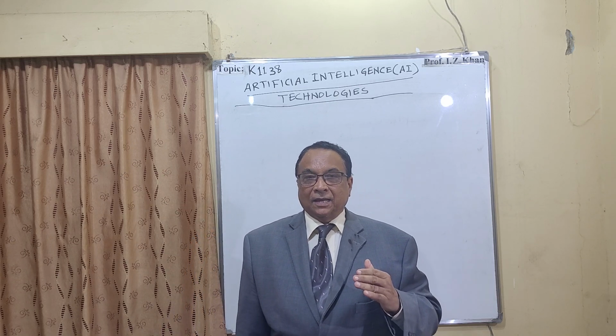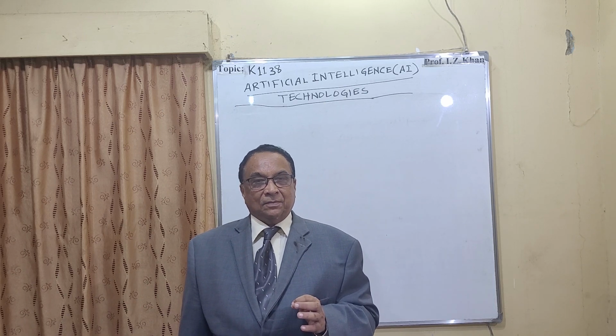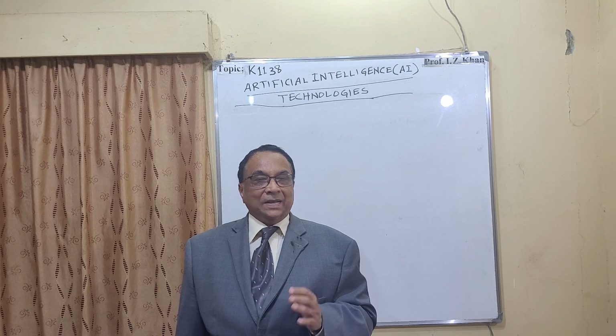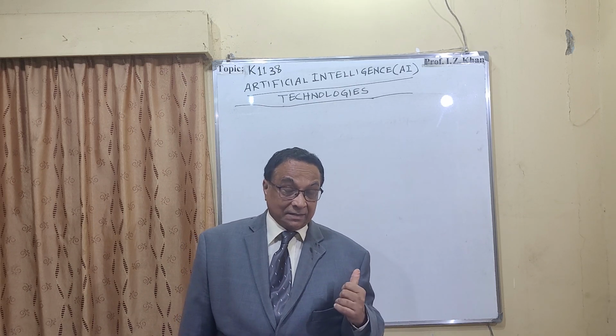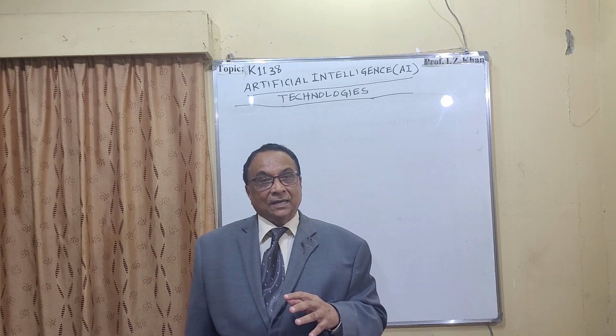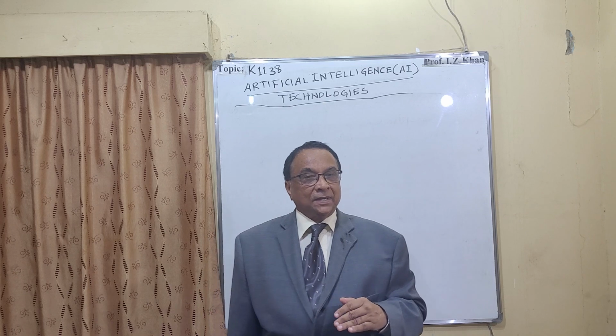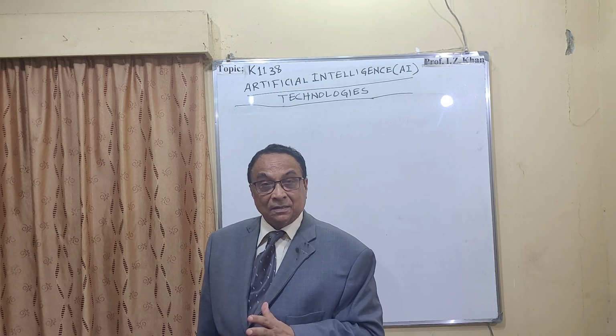And if you remember, when I talk about artificial intelligence, it means that data input is there, and that data is trained in machine learning, and after the training it becomes smarter and smarter.